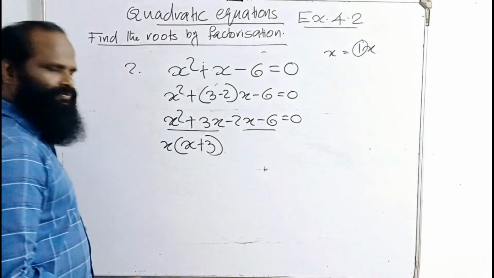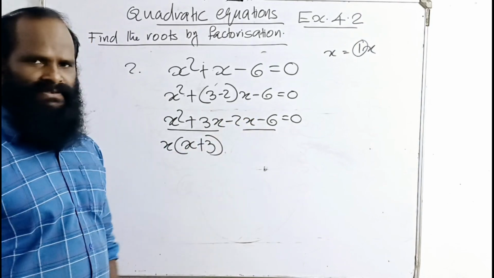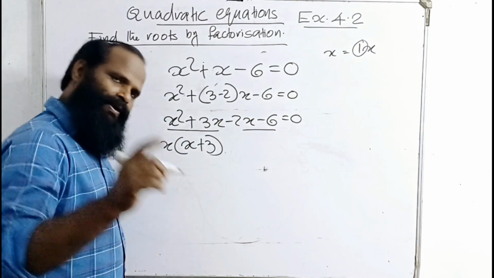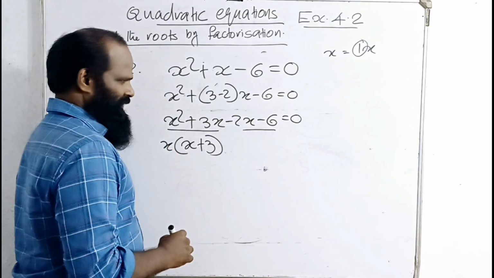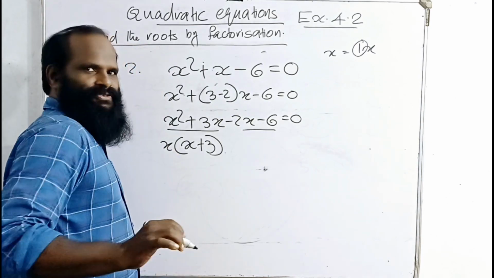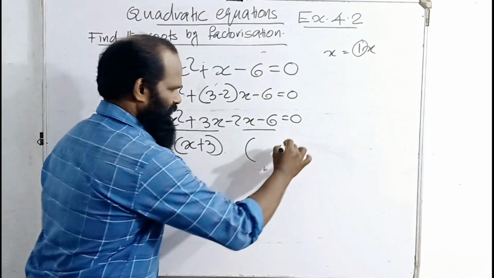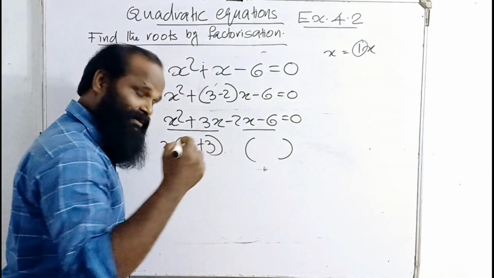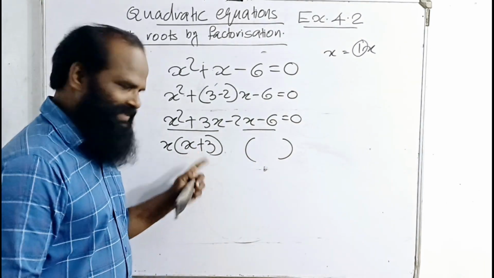Over here, you may definitely have confusion when there are minus signs. So I've told you about an easy method. Do not waste your time thinking too much. Very easy method is this. Straight away write a binomial here. That should be the same as x plus 3.